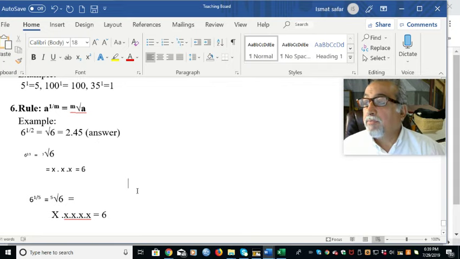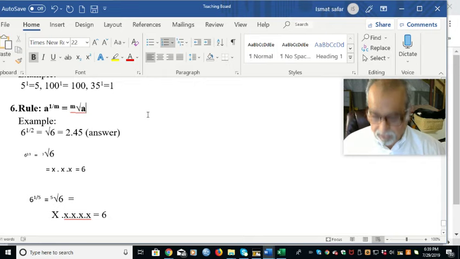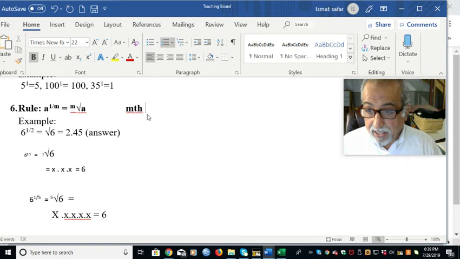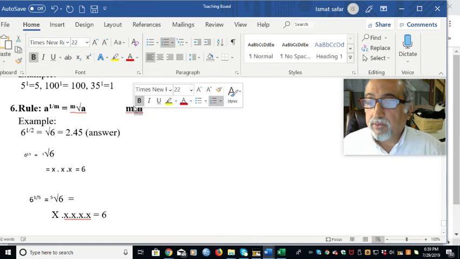That's what we mean by the mth root. It is not always the square root, but generally the mth root.